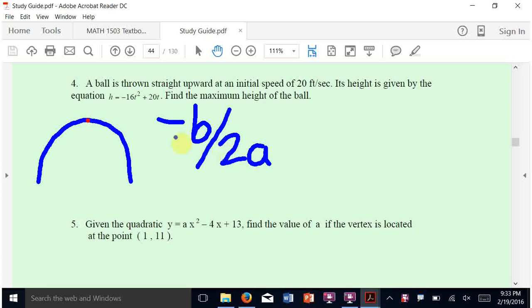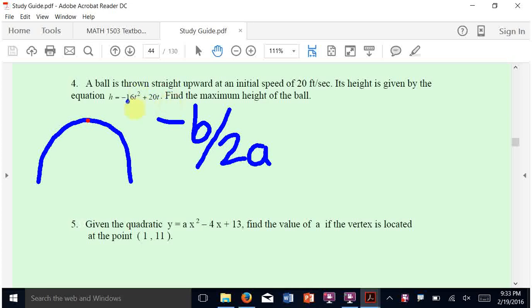You want to make sure here also that you're getting your B's and your A's from the correct places. So this B value is always going to refer to the coefficient next to the x to the 1, t to the 1, and this A value is going to refer to the coefficient next to the x squared, the t squared.